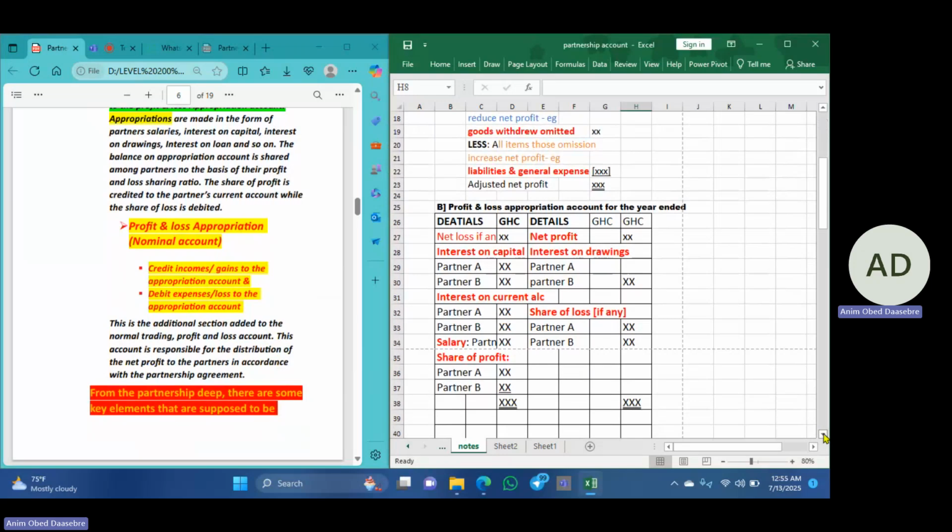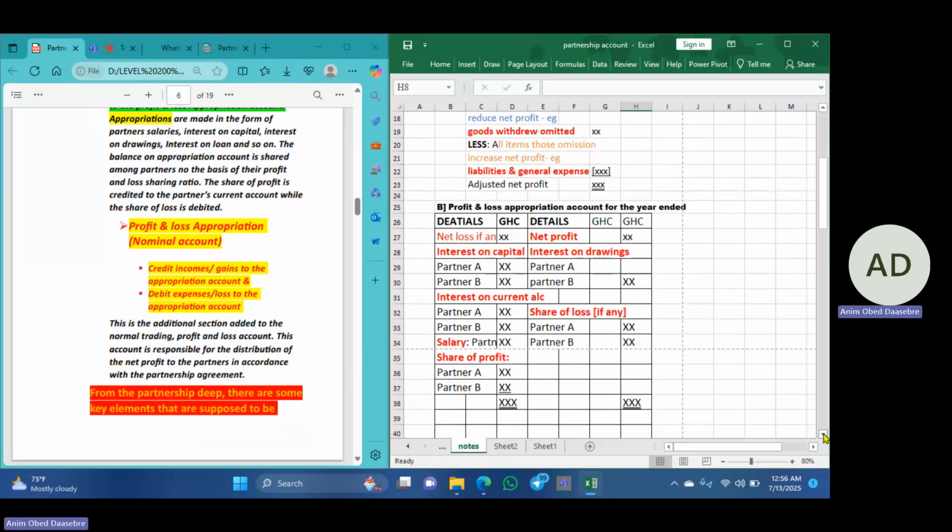The double entry is that we credit all incomes or gains to the appropriation account, and all expenses and losses are debited.